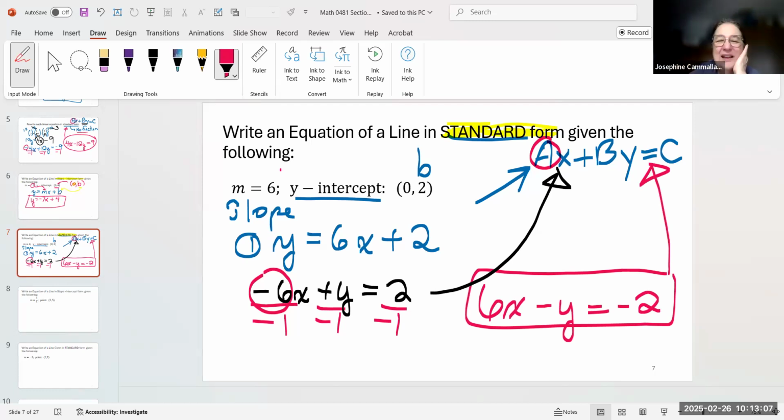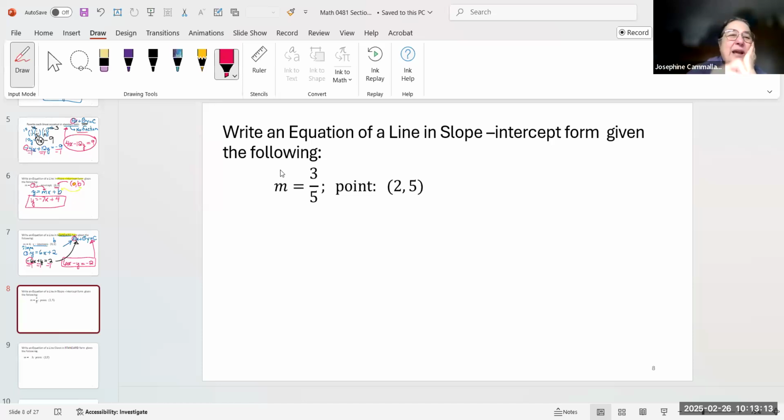Okay. Now we're going to get a little more interesting. They want my answer in slope-intercept form. Now, this is where you need to recognize that this is a point, or I take that back.